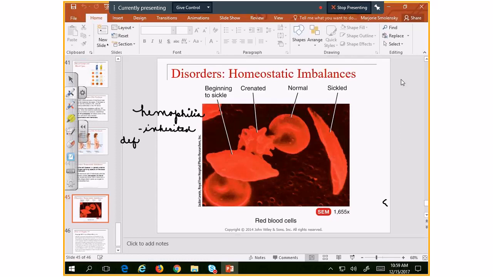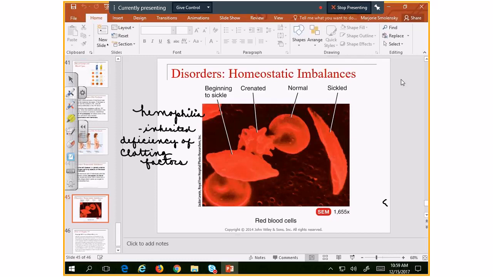deficiency of clotting factors. When we looked at clotting factors, there were lots of them.